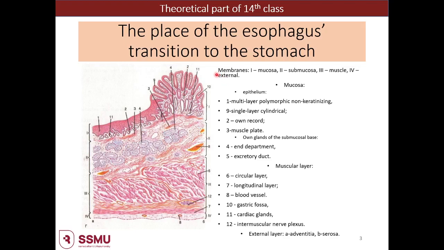The place where the esophagus transitions to the stomach is really special: we may see the border between the esophagus and stomach, with a change from multi-layer polymorphic non-keratinous epithelium to single layer cylindrical, glandular epithelium. In this place there are a lot of pathological processes.